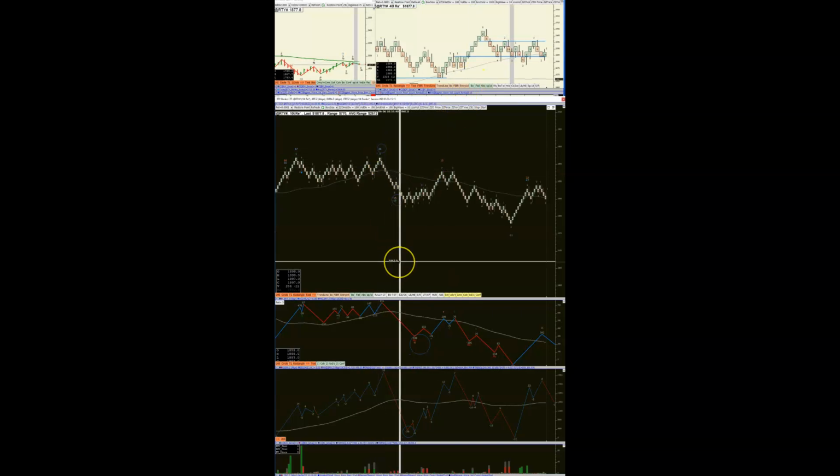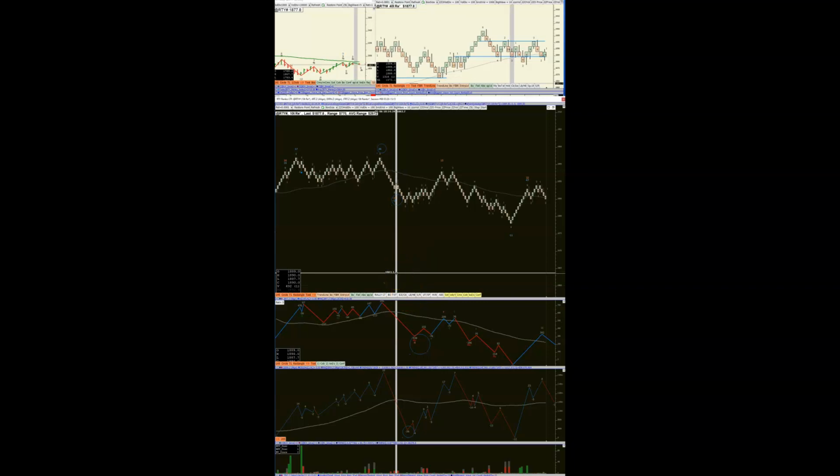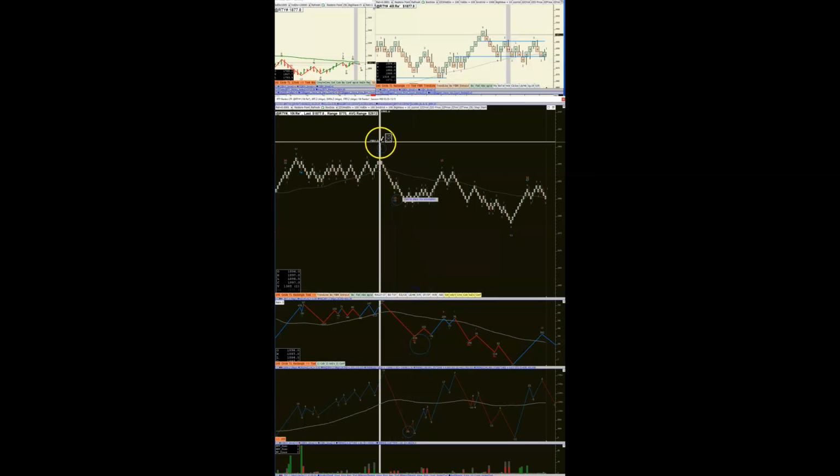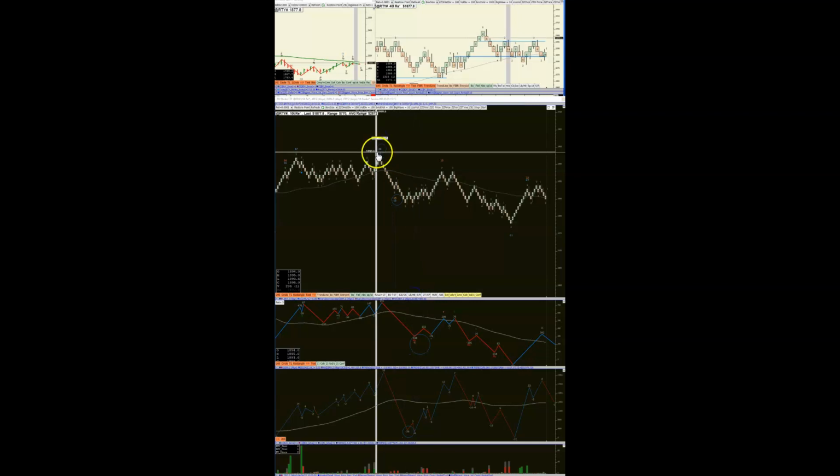Immediately you want to mark it. I forgot where it was. Anyway, it's resistance. It's pulled back to the high bar, so it should be right there. Pull back to the high bar.